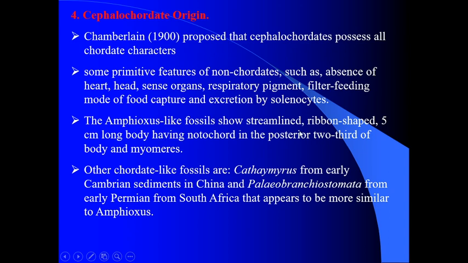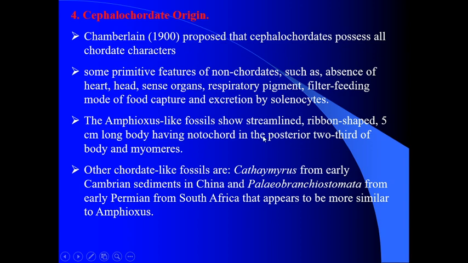The Amphioxus-like fossil shows a streamlined body. It is ribbon-shaped, measures about 5 cm long, and bears notochord in the posterior two-thirds region of the body. Other chordate fossils like Cathaymyrus originated from the early Cambrian sediments in China, and Palaeobranchiostoma from the early Permian of South Africa, which also bear characters similar to Amphioxus.